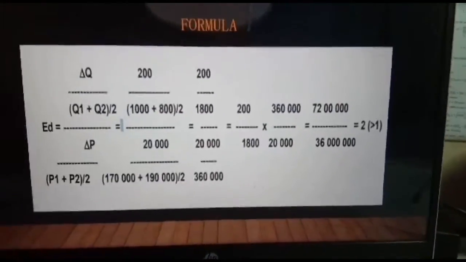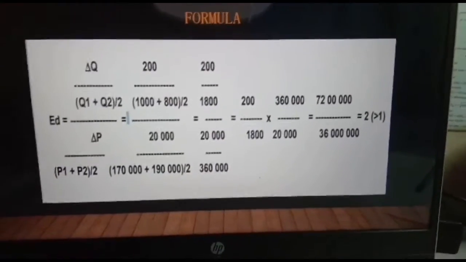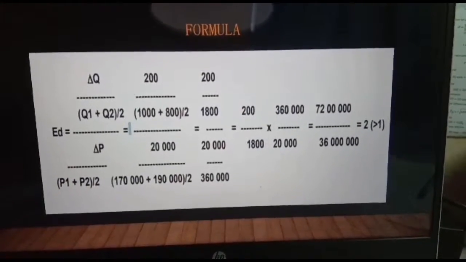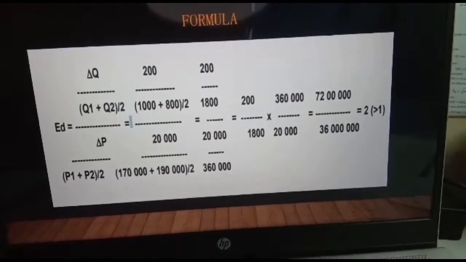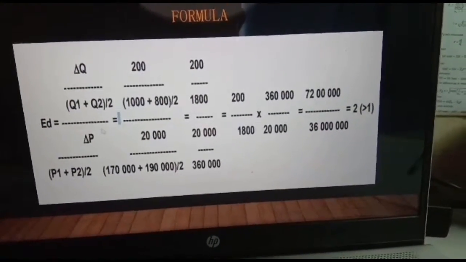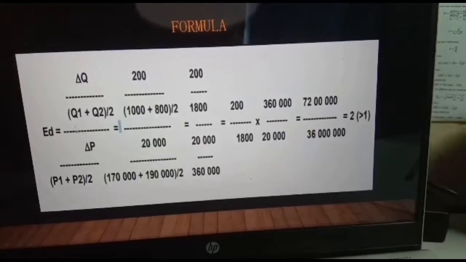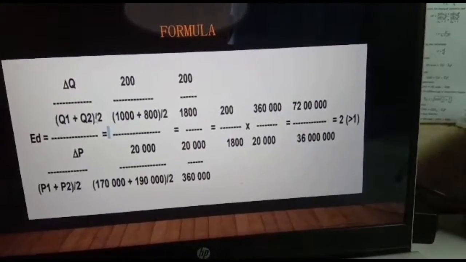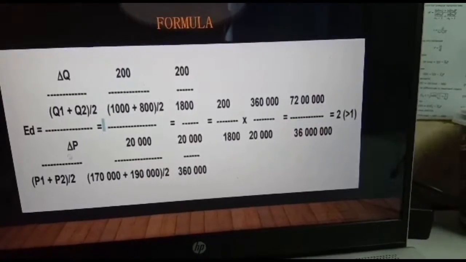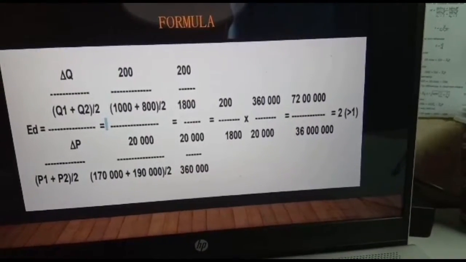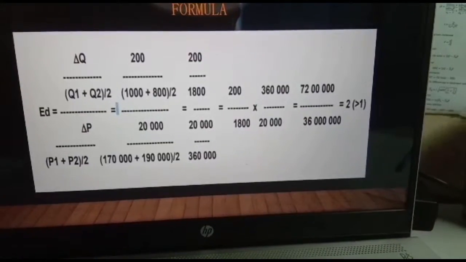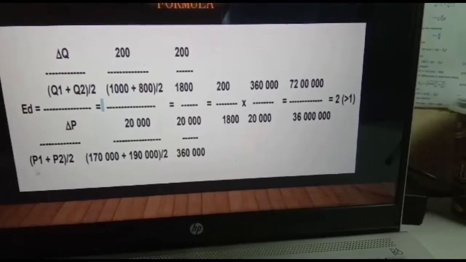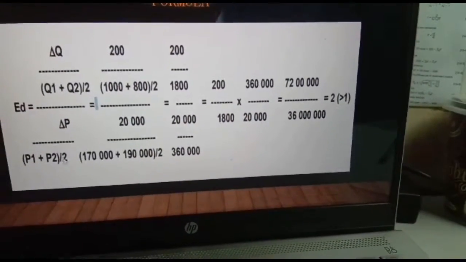Next, we use a formula to explain this issue. When you use the formula, we take the change in quantity divided by the average of quantity 1 plus quantity 2 divided by 2, and the change in price divided by the average of price 1 plus price 2 divided by 2.